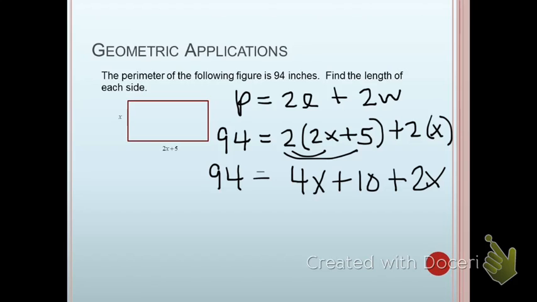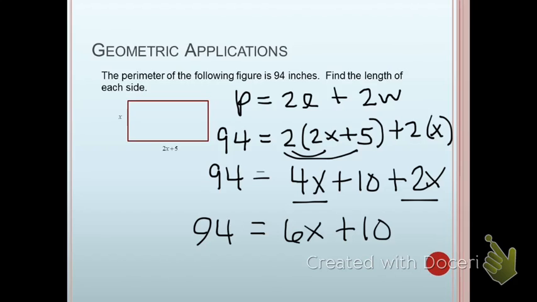All right, we have a couple like terms on the right-hand side. 4x plus 2x is 6x. We still have the positive 10 over there. We want to get the 6x alone, so we're going to subtract 10 from both sides. 94 minus 10 is 84.